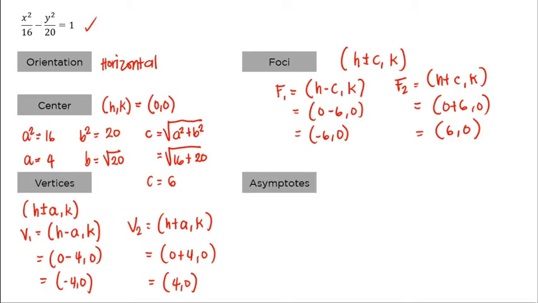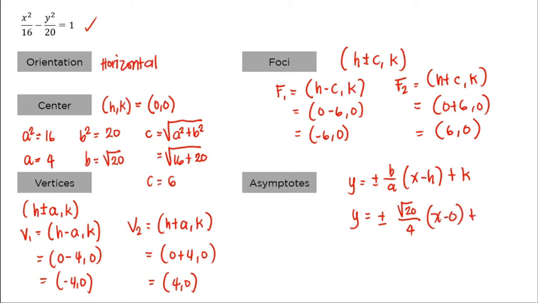Next, for the asymptotes, since it is horizontal, the formula will be y equal to plus minus b over a times the quantity x minus h, plus k. So from that, we have y equal to plus minus square root of 20 over 4 times the quantity x minus 0, plus 0. Simplifying, square root of 20 is 2 square root of 5.